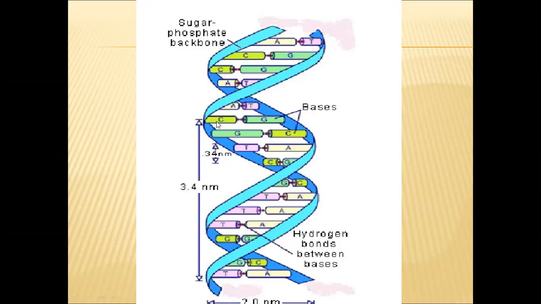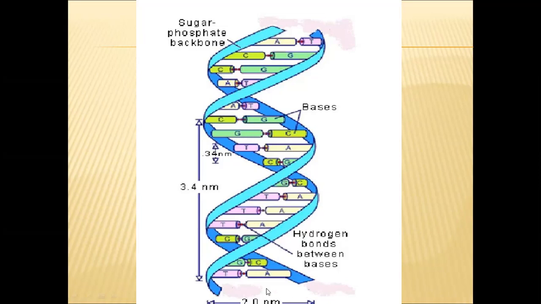And between the successive base pairs, a 3.4 nm gap will be there. So on the whole, 10 base pairs are there, and 10 into 3.4 makes 34 nanometers. So each turn is occupying 34 nanometers of space, a gap of 34 nanometers between the starting and ending point of the turn.